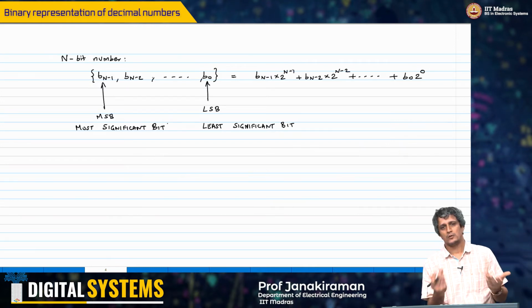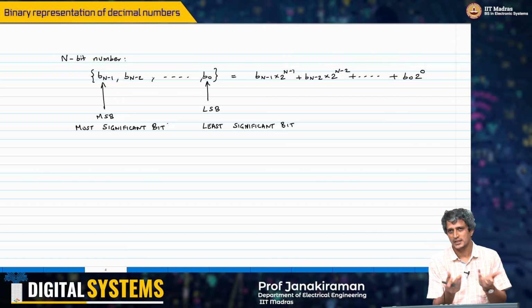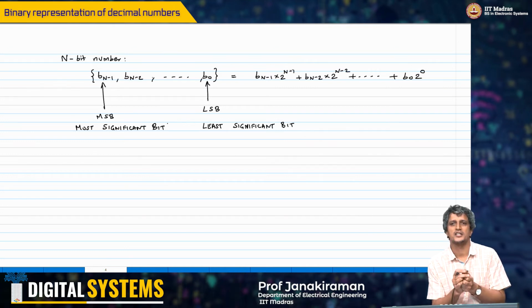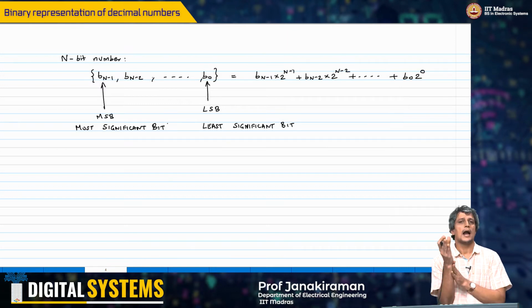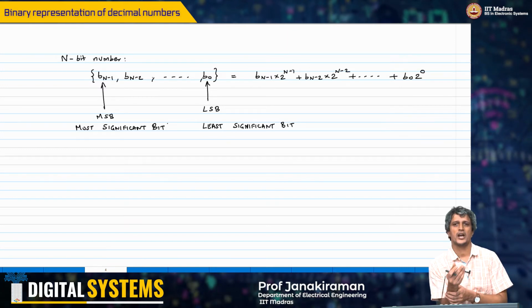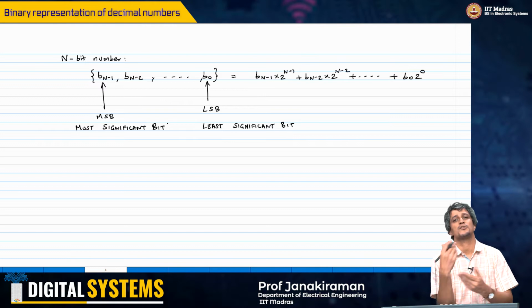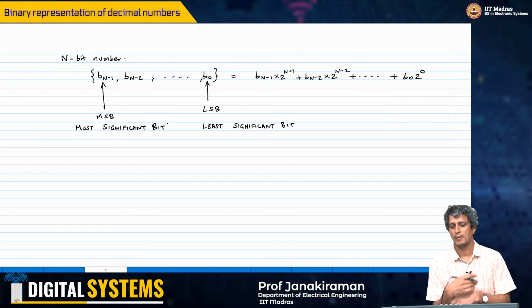The least and most make complete sense, because the least significant bit is being multiplied by the least power of 2, 2 power 0, and the most significant bit is being multiplied by the highest power of 2, that is 2 power n minus 1.